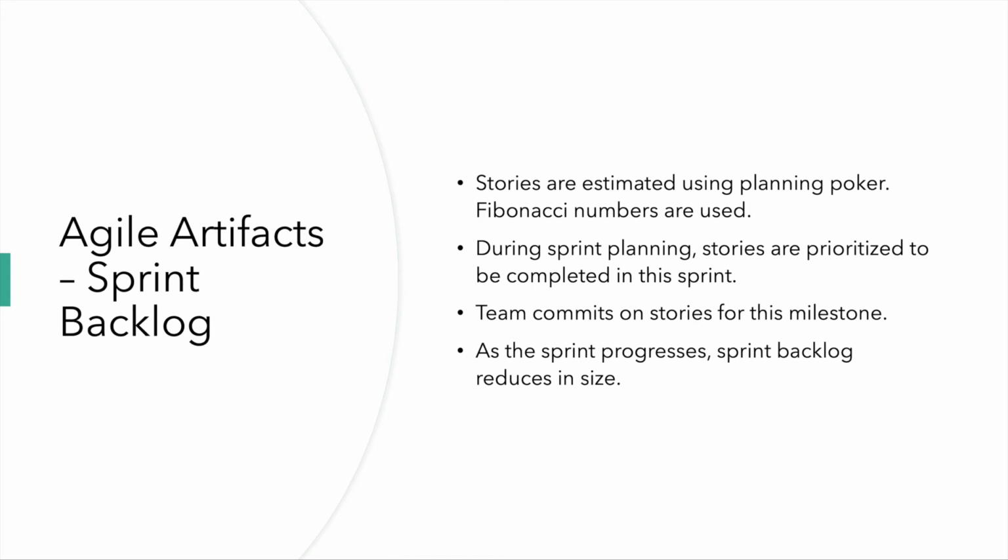And the next important artifact is the sprint backlog. As I explained previously, once the product owner creates a sprint backlog for the upcoming sprint stories, all the team members will estimate the stories and use planning poker and Fibonacci numbers. Then once the prioritized stories are known, the team will agree and commit to stories for this milestone.